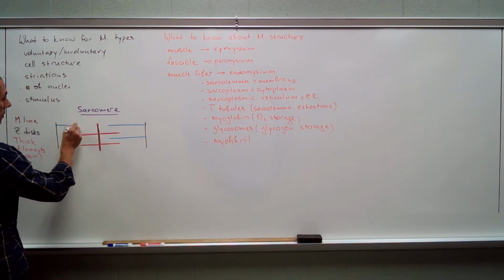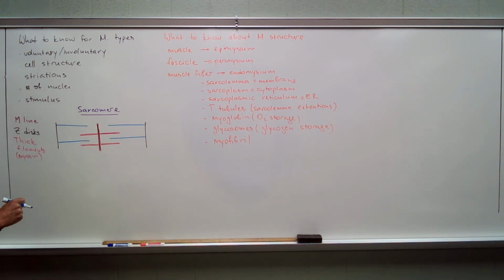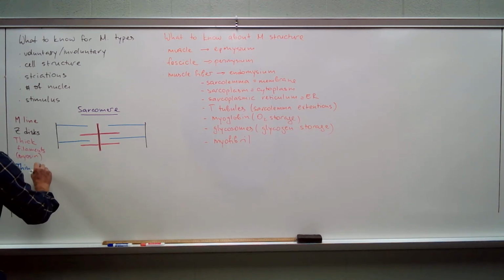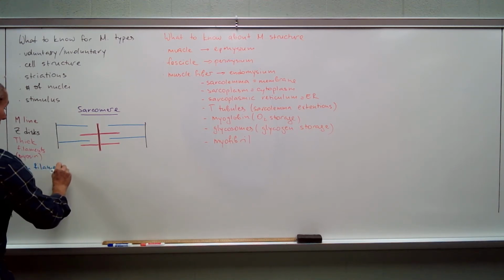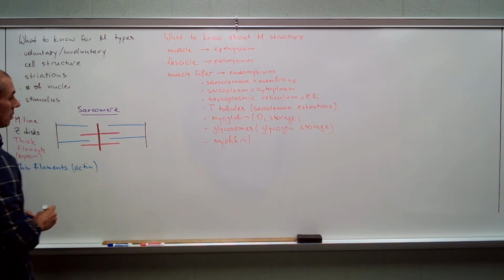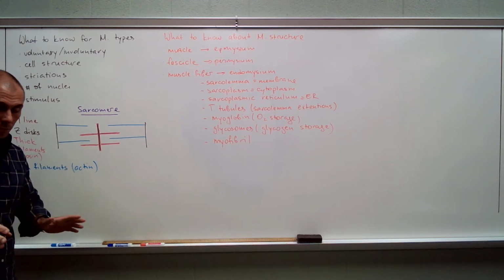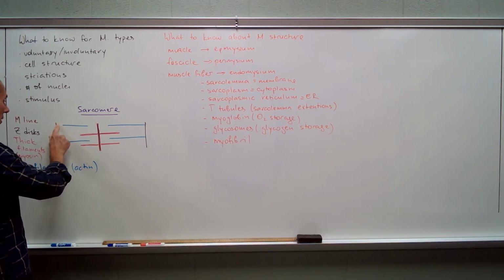Thin filaments consist of a protein called actin and are attached to Z discs. To be more precise, they're not attached directly.